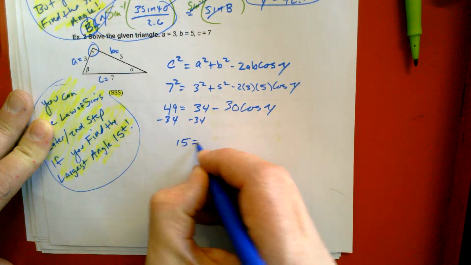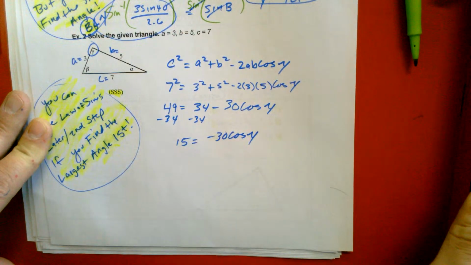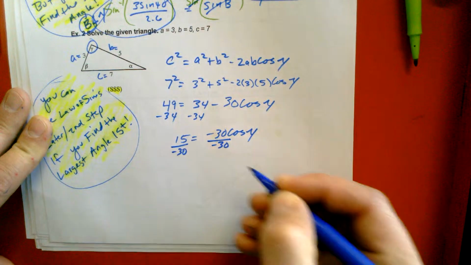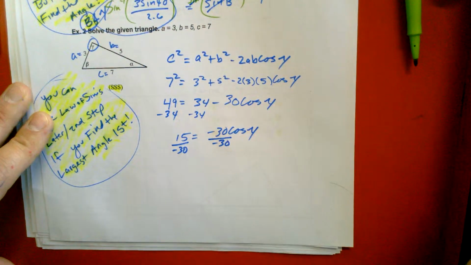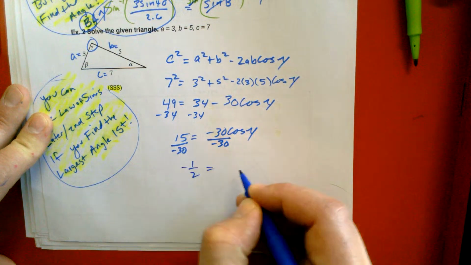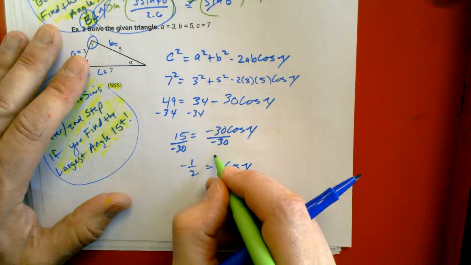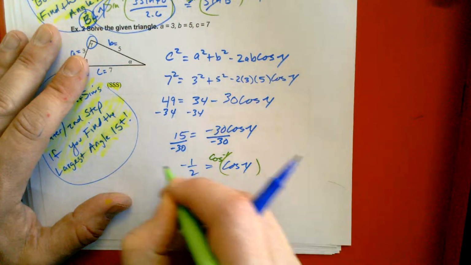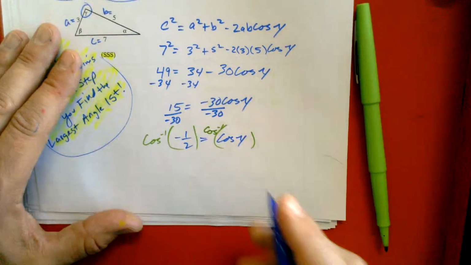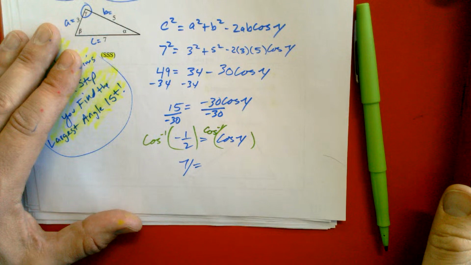So that gives me 15 equals negative 30 cosine of gamma. Now we can divide this guy over. And if you want to reduce, you can. If you want to just leave it and throw it in the calculator, you can. I'd probably reduce it if I can, especially this one. Inverse cosine of both sides. And you could type that in, but if I remember right, adjacent is -1, opposite is √3.